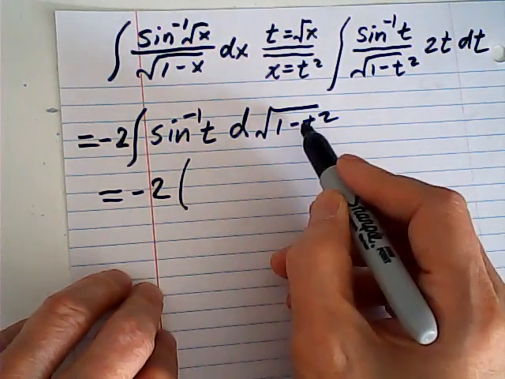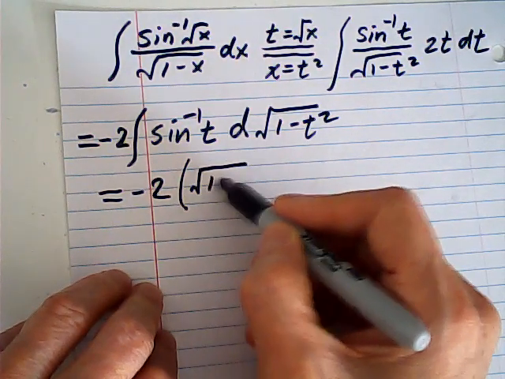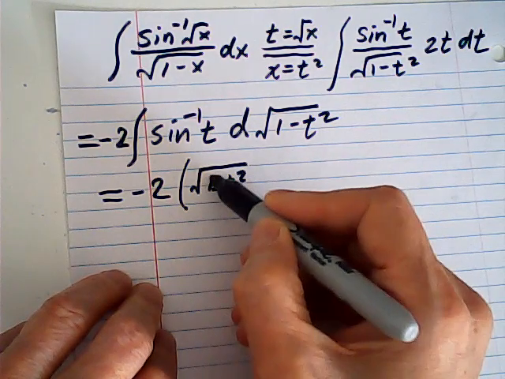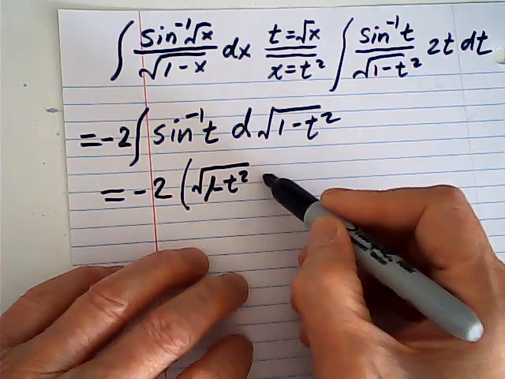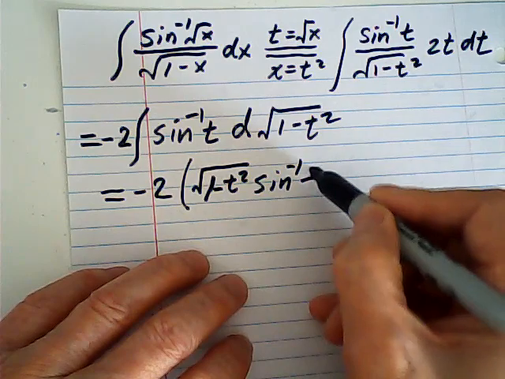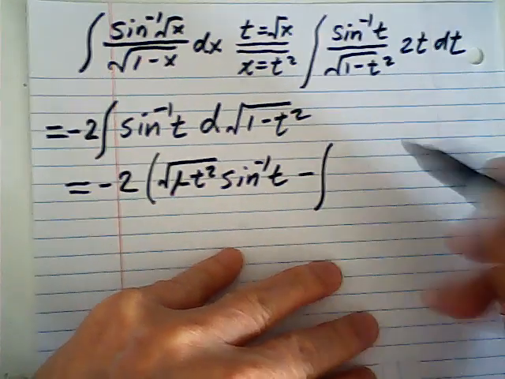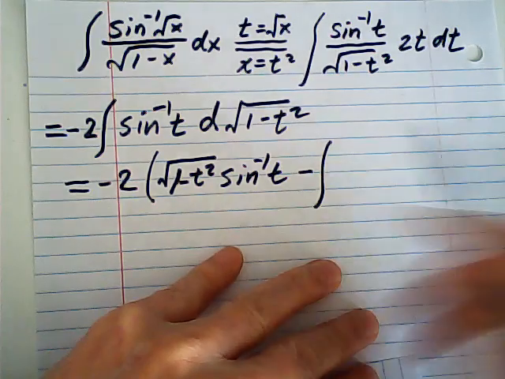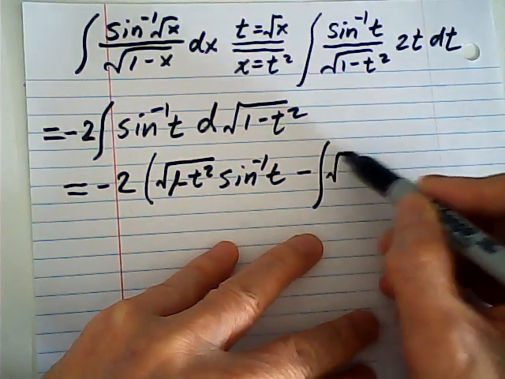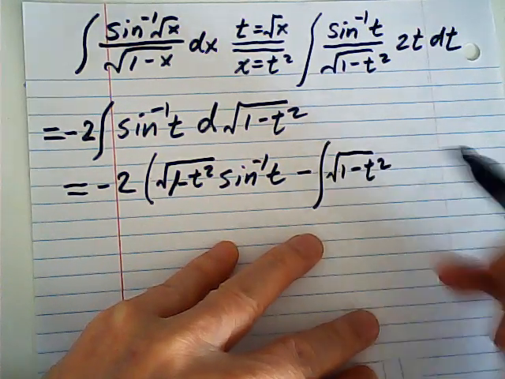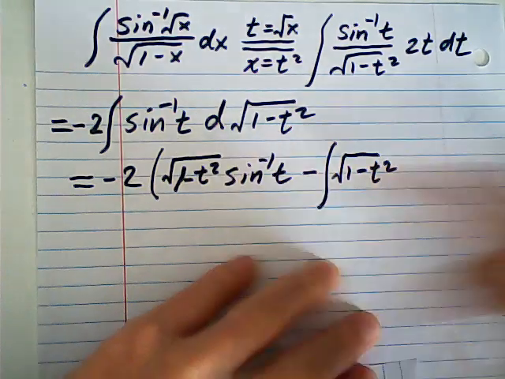So uv, right? I write v first because it looks better. Arc sine t minus integral v du. My v is this. U is arc sine t.